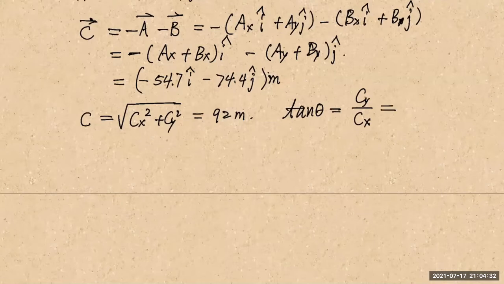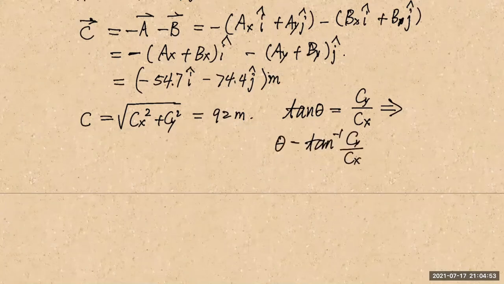Cy equals negative 74.4 meters. Cx equals negative 54.7 meters. If you do that, you can find the angle itself by taking the inverse of tangent. You can plug in the numbers Cx, Cy, and you will get the angle to be 54 degrees. You can verify these numbers yourself. And so this angle theta is 54 degrees.